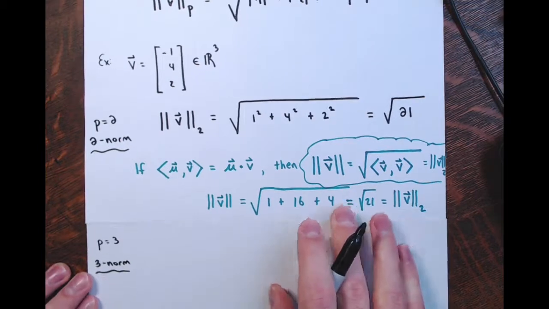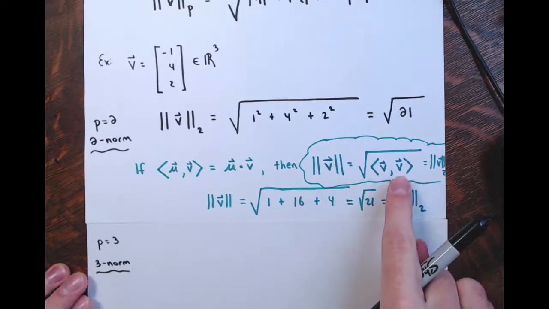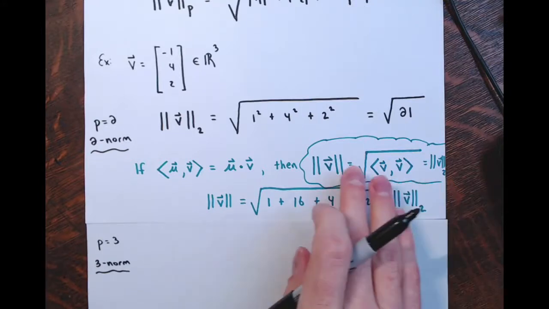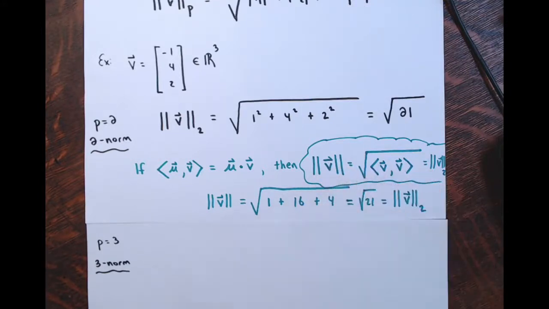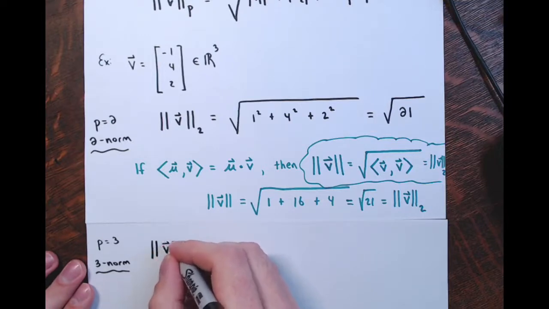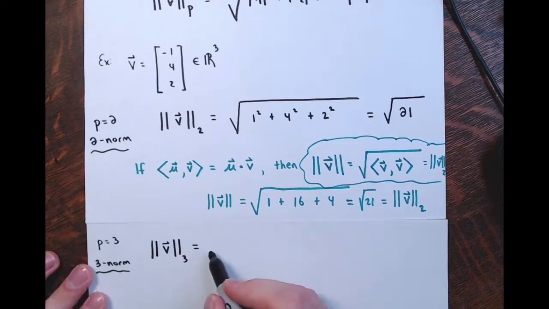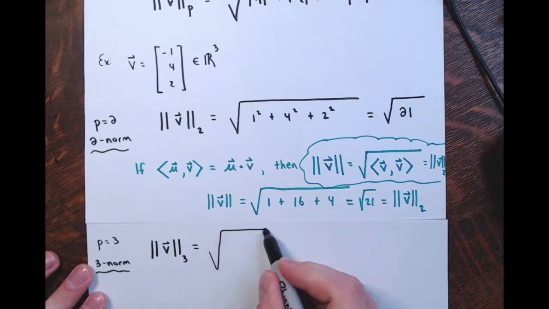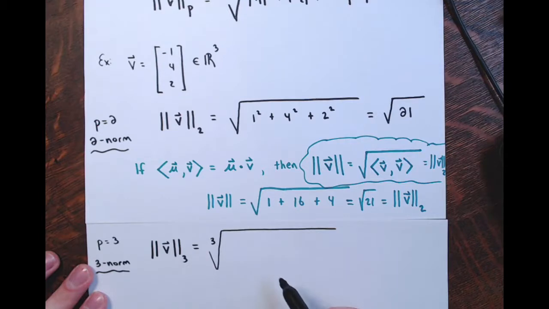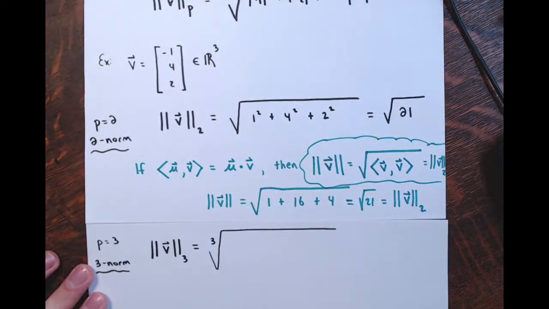Now the 3 norm won't be equal to the square root of the dot product, the inner product with itself. Only the 2 norm is special like that. So I'd have the norm of v with a subscript of 3, the 3 norm. Again, it's just the cube root. I make all the components of v positive and cube them.